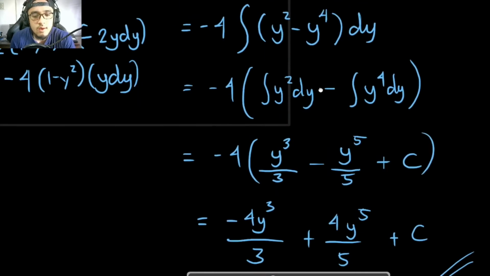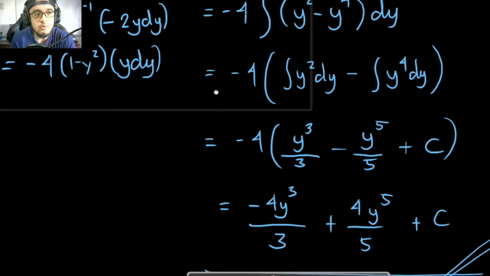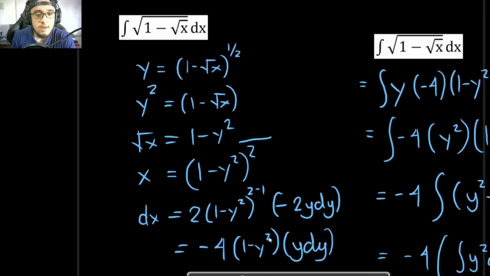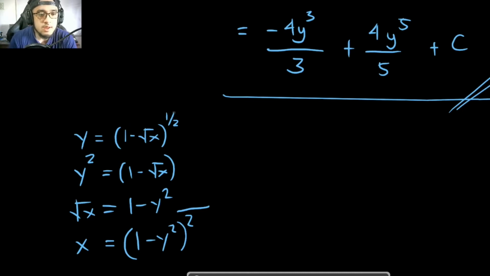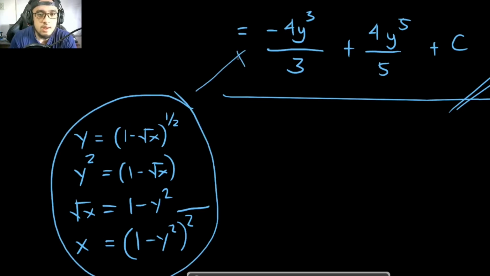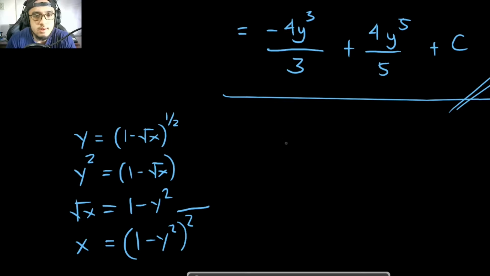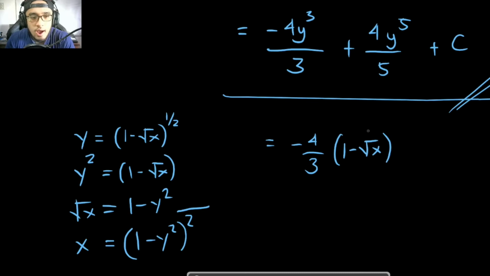So once you have your answer already, what you would be doing is to substitute it back into the equation that has these variables. Substituting these values, this is equal to negative 4 over 3 times y raised to 3. Our y once again is this value, so that is (1 minus square root of x) raised to 1/2 raised to 3, which is 3 halves.